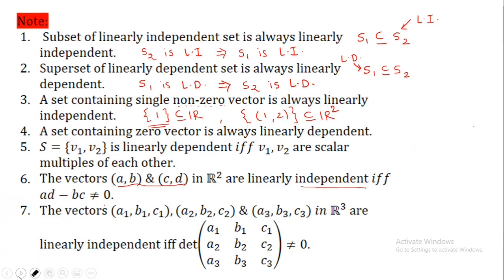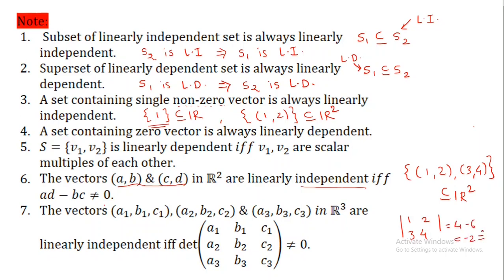Suppose you have (1, 2) and (3, 4), so this is a subset of R2 having two vectors. By using this note we can directly check the linear independence or dependence of this set. Simplifying the determinant of 1, 2, 3, 4, you can see that this determinant comes out to be non-zero, right? So therefore this set is linearly independent.